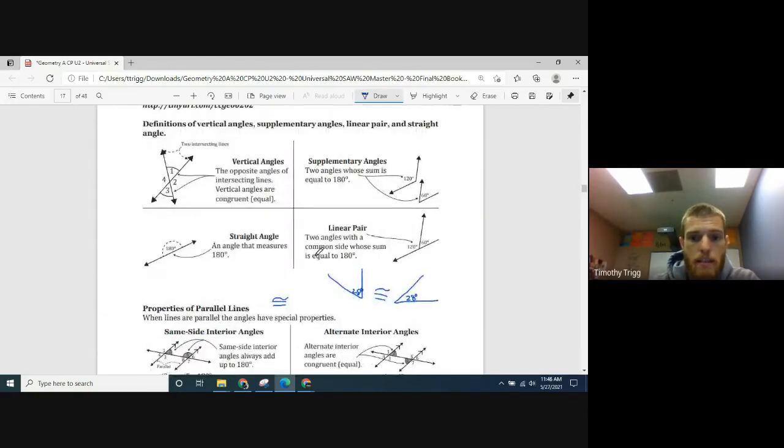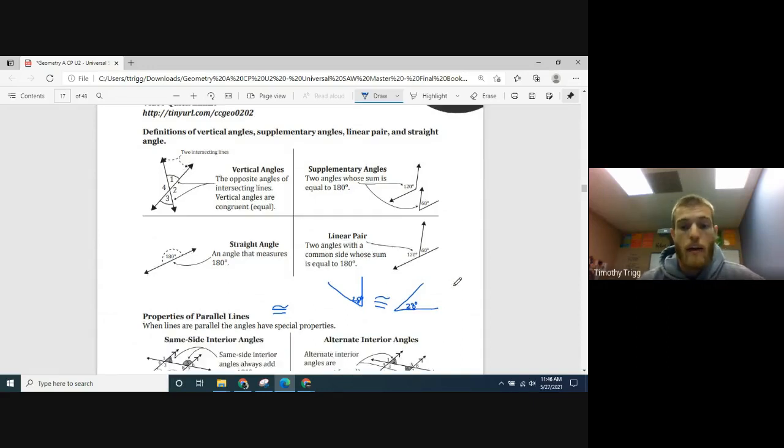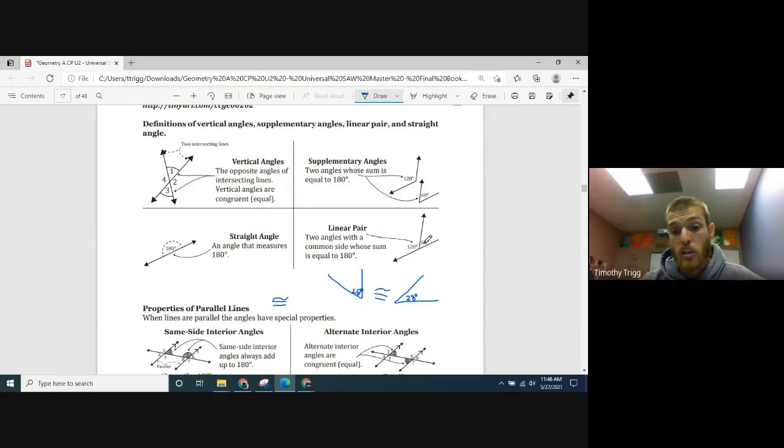If we go up here, we can see the definition. Supplementary angles are two angles whose sum is equal to 180. Basically, any two angles whose measures add up to 180 are supplementary.